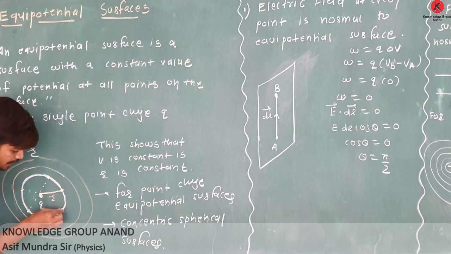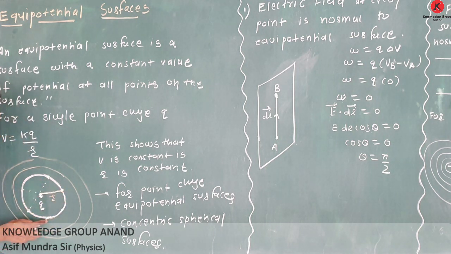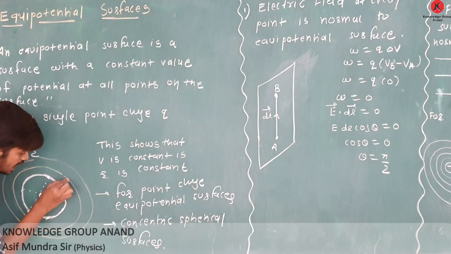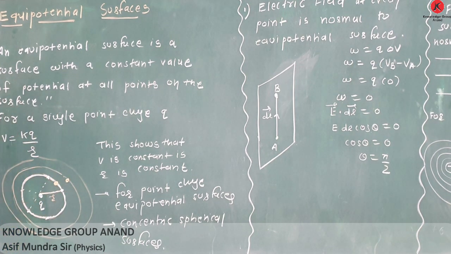At each and every point on an equipotential surface, potential is equal. But for two different equipotential surfaces, potential is not the same. If I have one point on this equipotential surface and one point on that one, then potential is different. Clear?